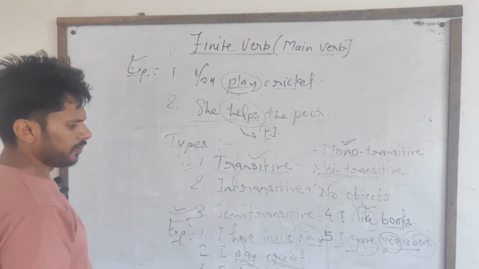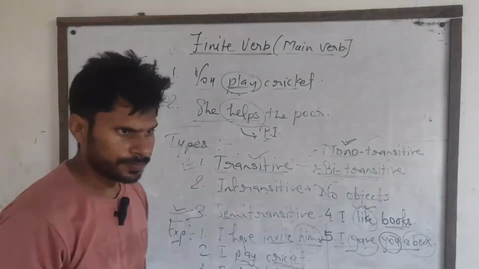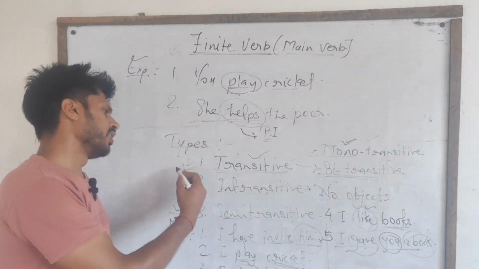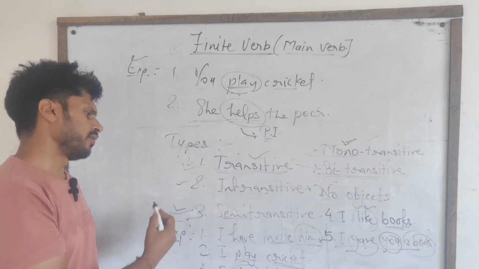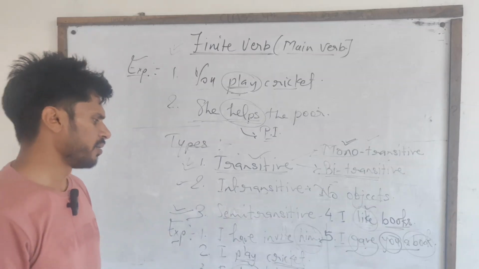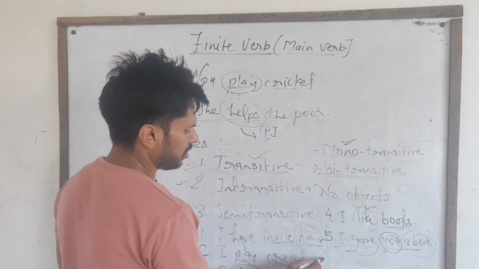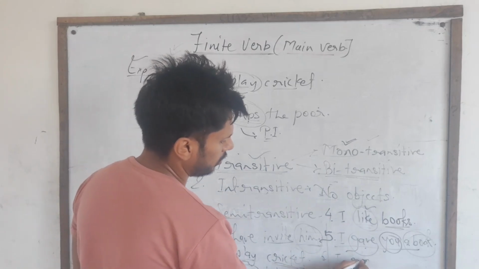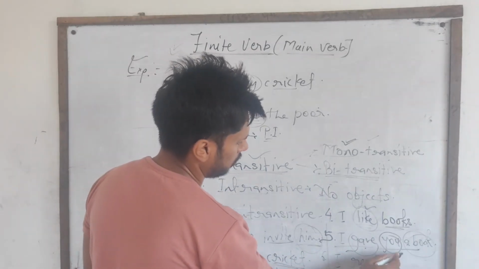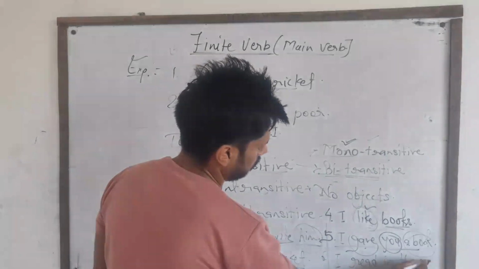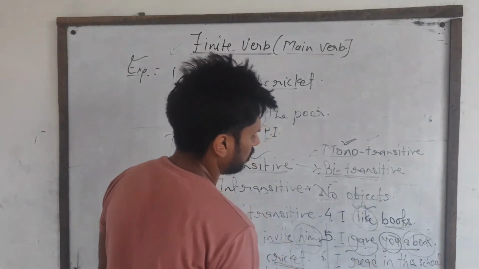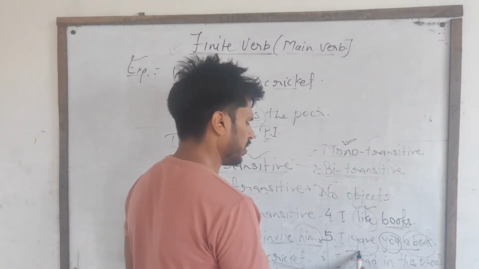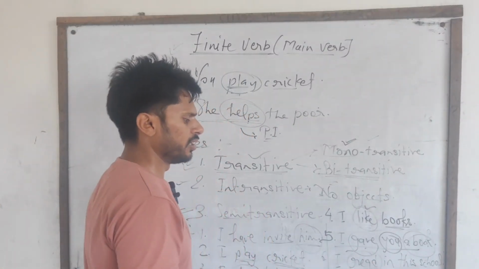Semi-transitive. Some verbs in English grammar are used in both forms, transitively and intransitively. These verbs are called semi-transitive verbs. Let's see some examples. Like, I read in this school. In this sentence, there is no object used, so read is an intransitive verb here.